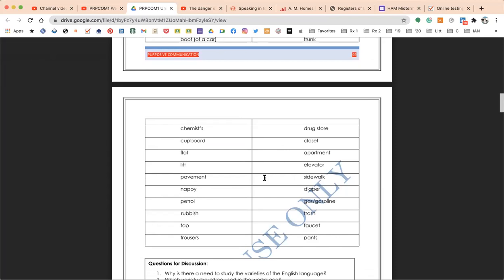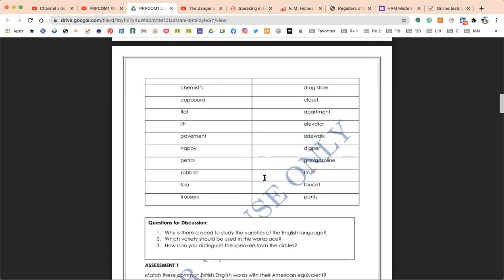Like Adele, the singer Adele is British, so you remember her song Chasing Pavements. That's because she's British. Probably if she's American, she would say chasing sidewalks or something. I don't know. Or the word "nappy" is actually British. In American English or in Filipino English we call that "diaper."